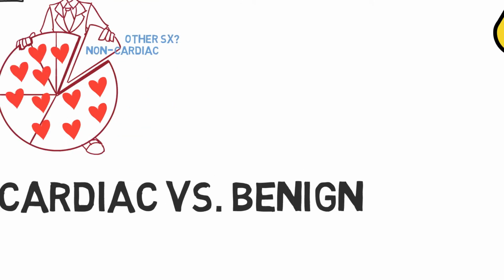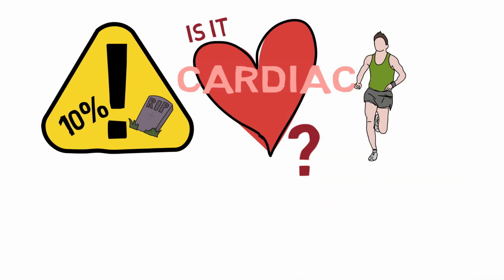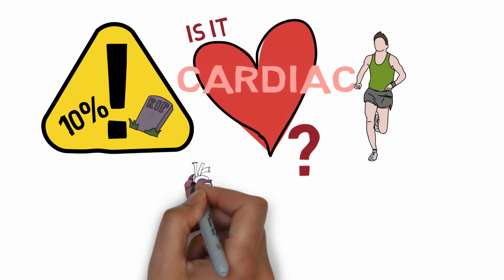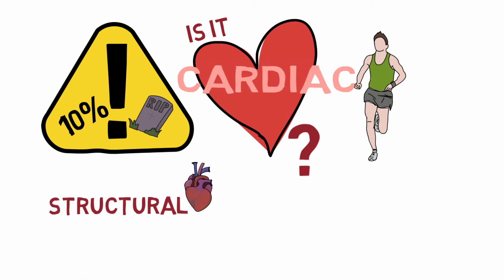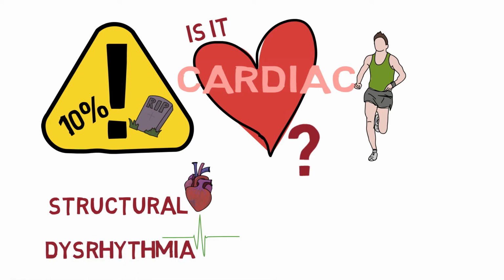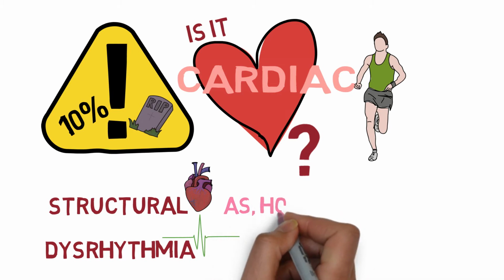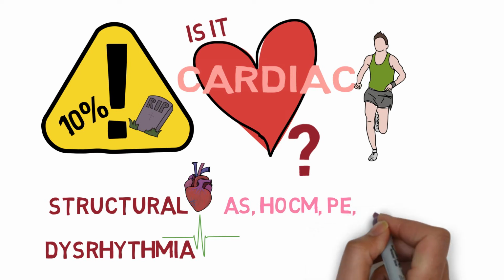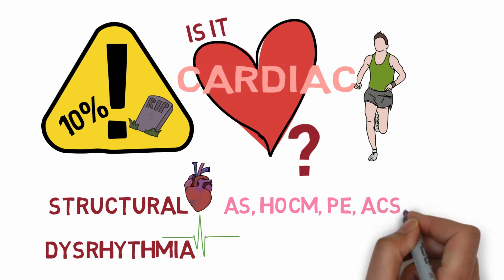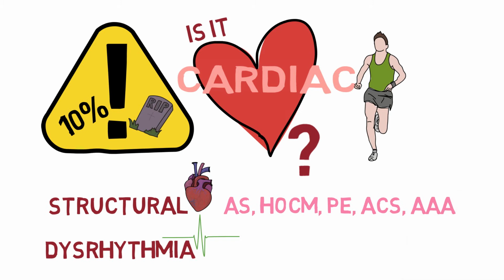Cardiac syncope is often associated with exertion, and we can divide cardiac syncope further into syncope caused by a structural problem versus syncope caused by dysrhythmia. Examples of structural cardiac issues that can cause syncope include aortic stenosis, hypertrophic obstructive cardiomyopathy, pulmonary embolism, MI or acute coronary syndrome, and AAA.